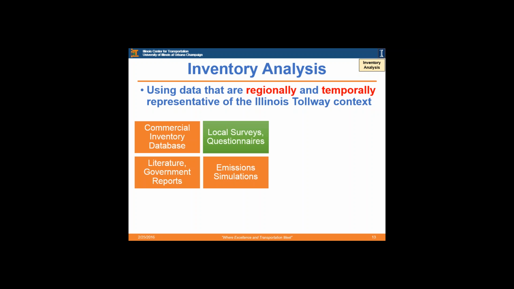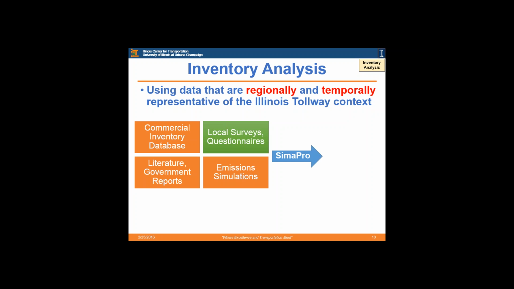As you can see, we looked into commercial inventory databases. A lot of these sources are based in Europe, but we didn't really have a choice in that case. We also looked at literature and government reports, and we used different software to simulate emissions from construction equipment as well as on-road and off-road vehicles.